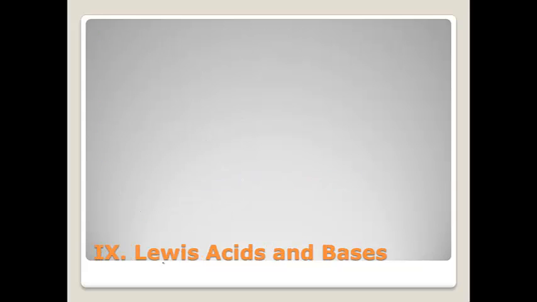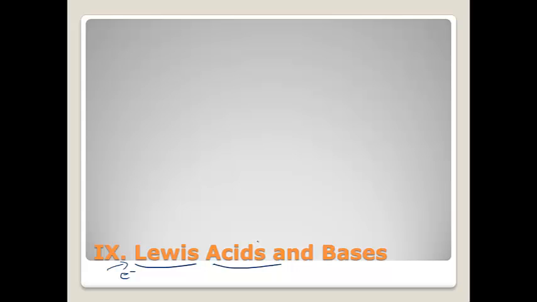Okay, now Lewis came along. Lewis, you guys have seen his name before in Lewis dot structures. And remember, Lewis said the dots were representing electrons. So Lewis said, well, you know what? There's some things that still act like acids and bases and don't fit the categories of either Arrhenius or Bronsted-Lowry.